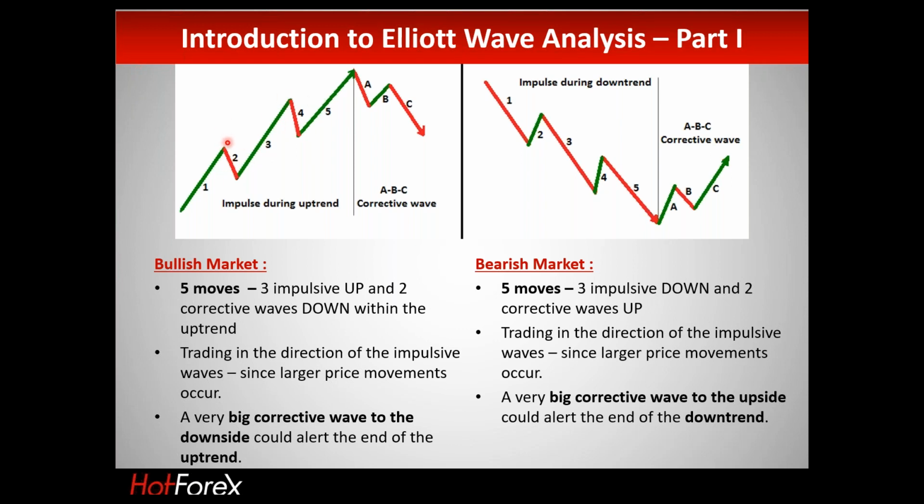The same stands for the downside, for a downtrend. So impulse waves are 1, 3, and 5 because they are going along with the overall trend. But 2 and 4 are small corrections to the upside, so they are called corrective waves. So the Elliott wave principle is a 5-3 wave pattern.